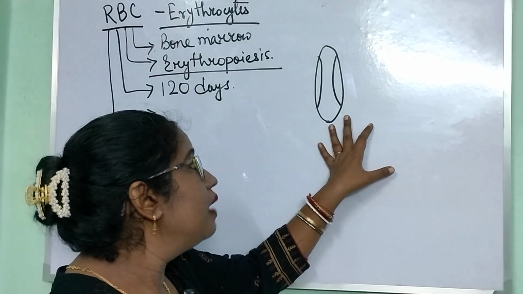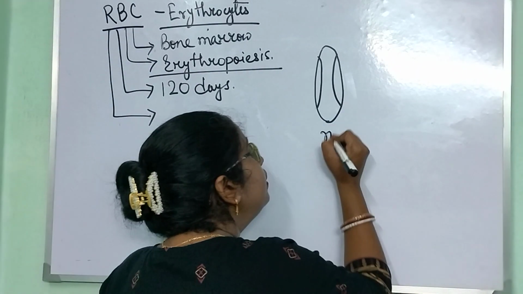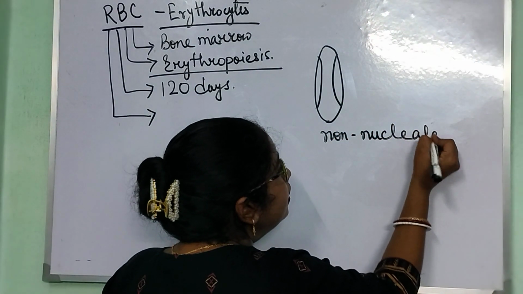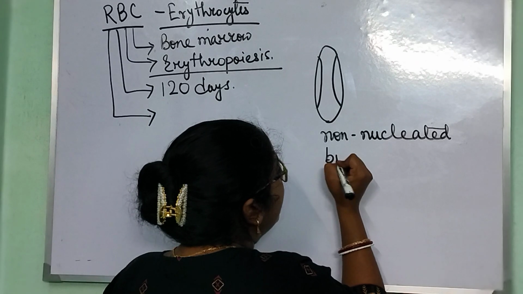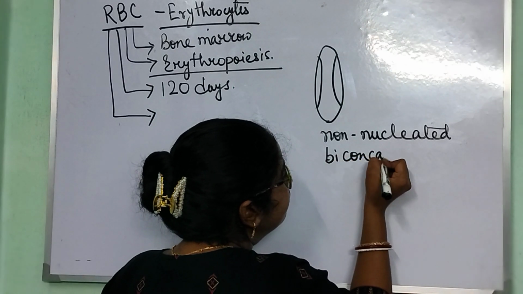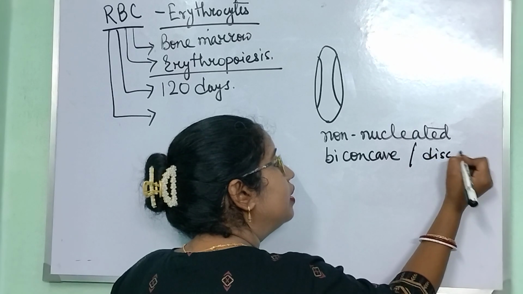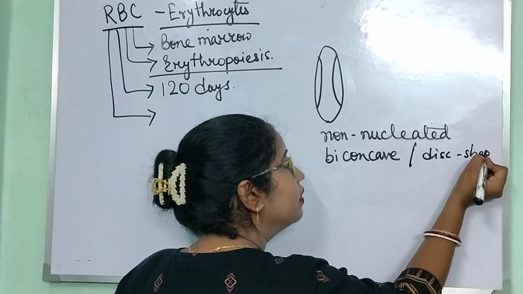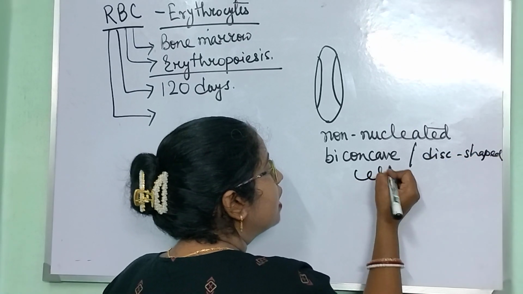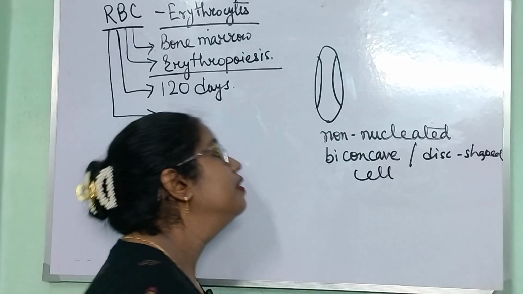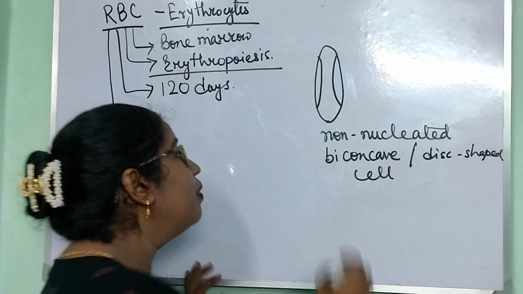Means the RBC is a non-nucleated biconcave disc-shaped cell structure in the blood corpuscle. So this is very important.